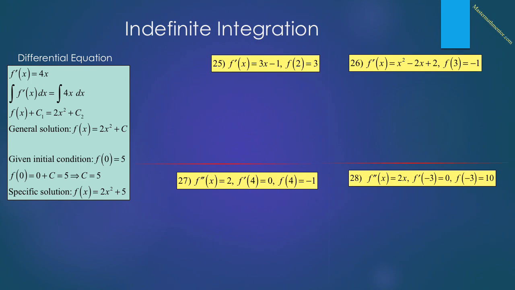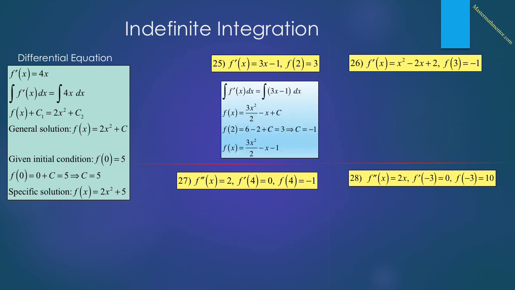In problems 25 through 28, you are given differential equations and one or more initial conditions and asked to solve the differential equation. If you are given information about f prime of x, then that is called a first order differential equation. If you are given information about f double prime of x, then that is called a second order differential equation.